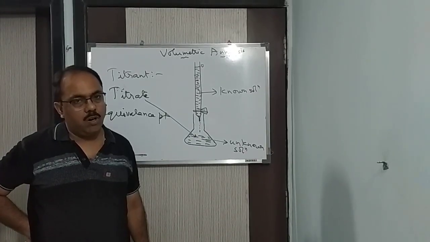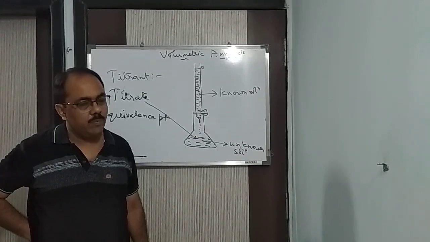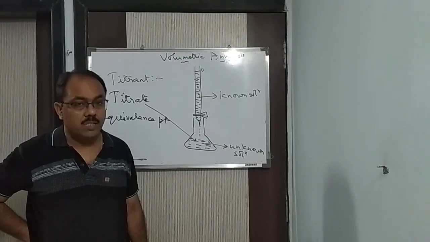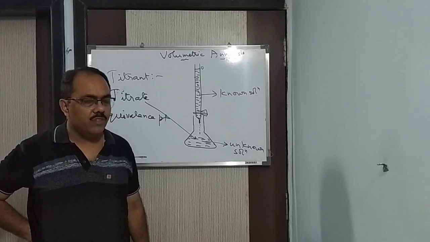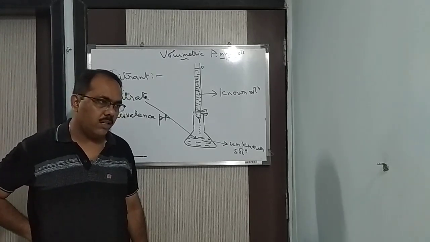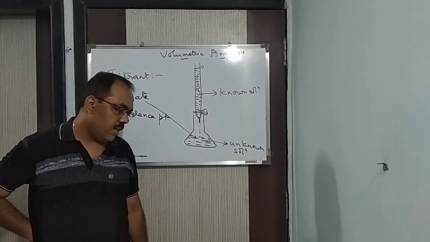Equivalence point, end point or stoichiometric point means it indicates when the reaction gets completed. It indicates when an acid is completely neutralized by a base, when the titration gets completed. In this way that is said to be the end point.